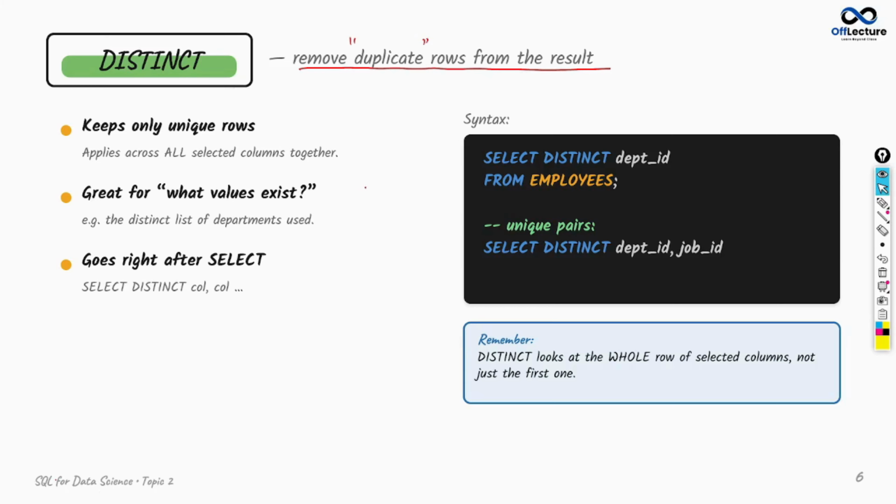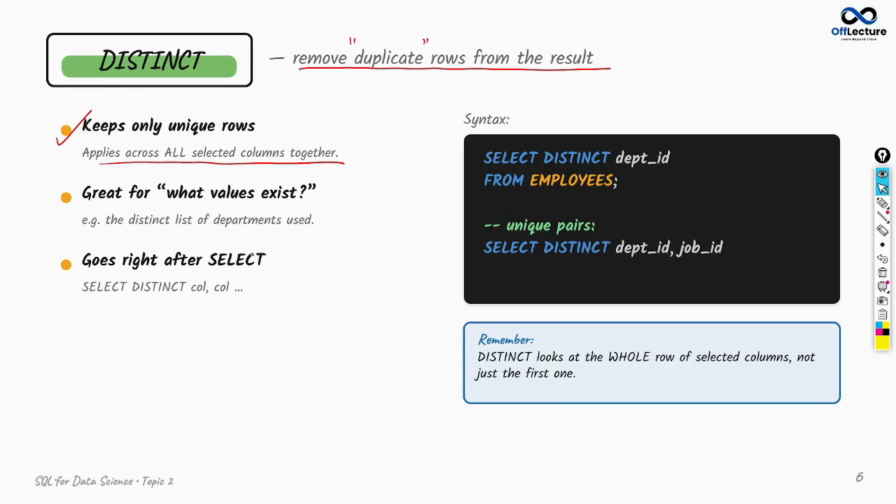It keeps only the unique rows and it applies across all selected columns together, not just the first one. Whatever columns you have selected together, it will apply on all of them and give you the unique or distinct rows based on that.